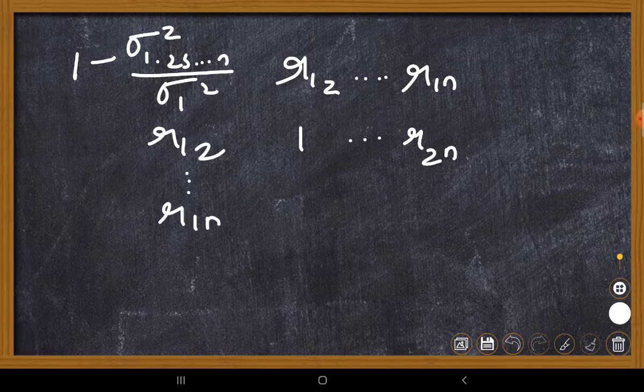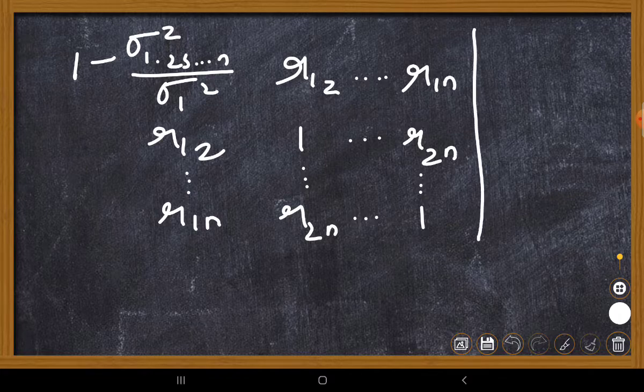Here you'll have r1n, r2n, 1. I'm not showing you all the steps. You can just do it by yourself. This is not hard at all. You just perform those row operations and column operations by yourself, then you'll get it this way.